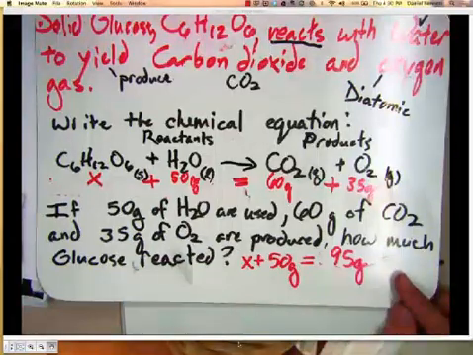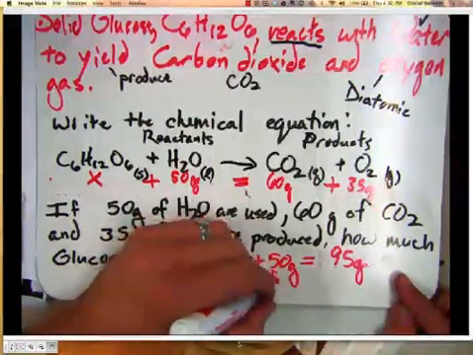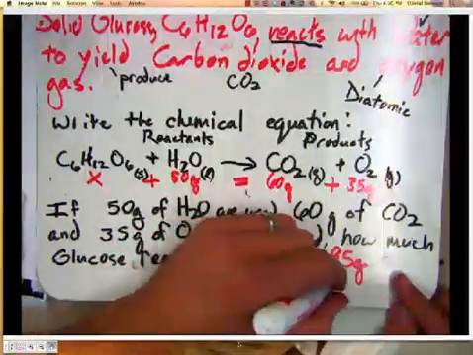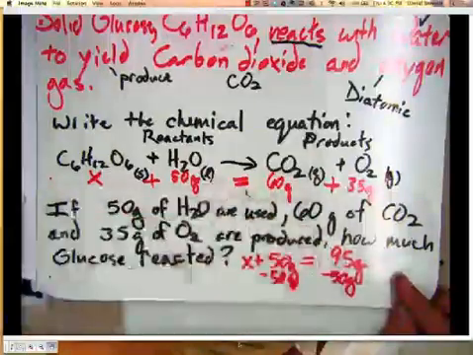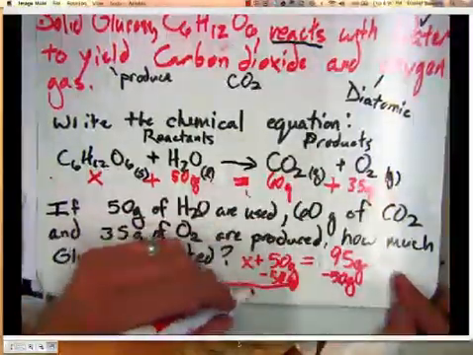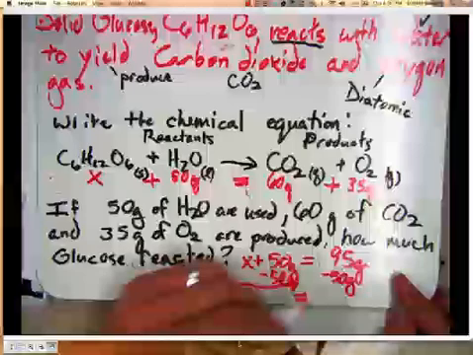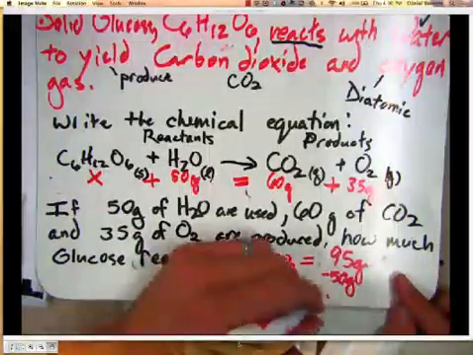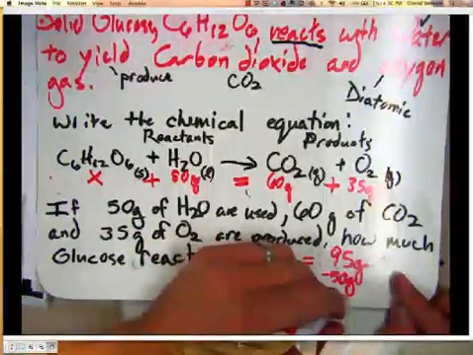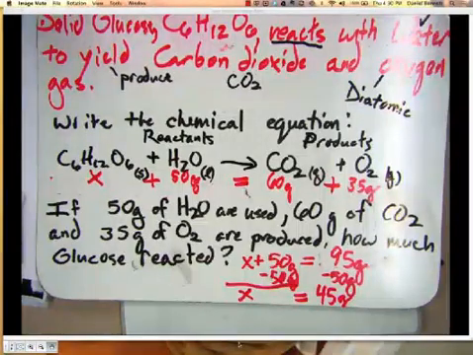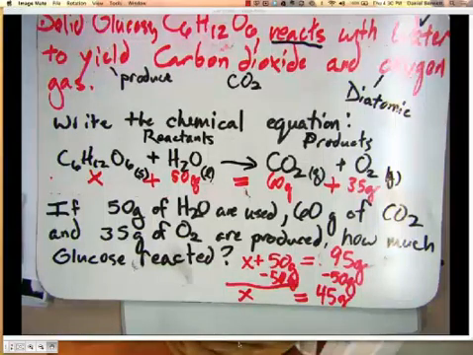Now to solve for x, I simply subtract 50 from this side, subtract 50 from this side, and that's going to give us x equals 95 minus 50, which gives us 45 grams. That's our answer. So we have reacted 45 grams of glucose. Okay, that's the basic idea.